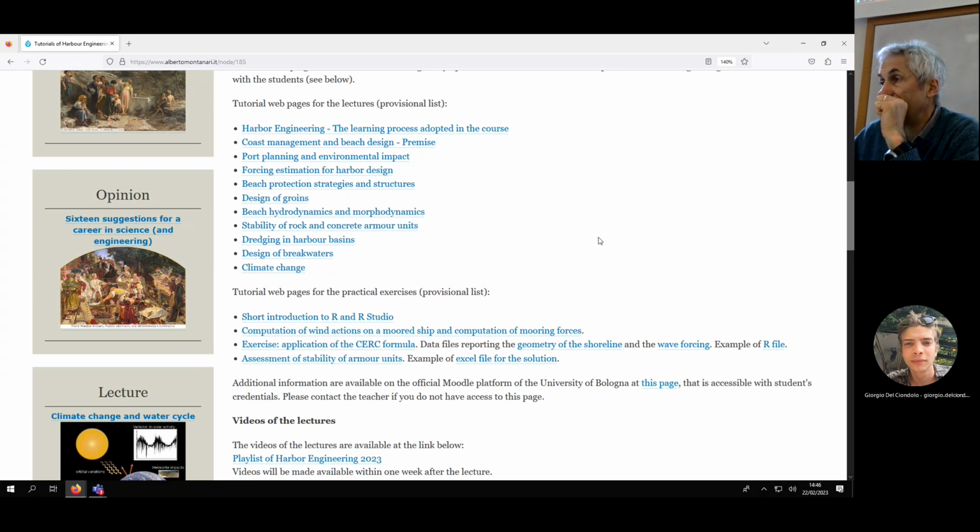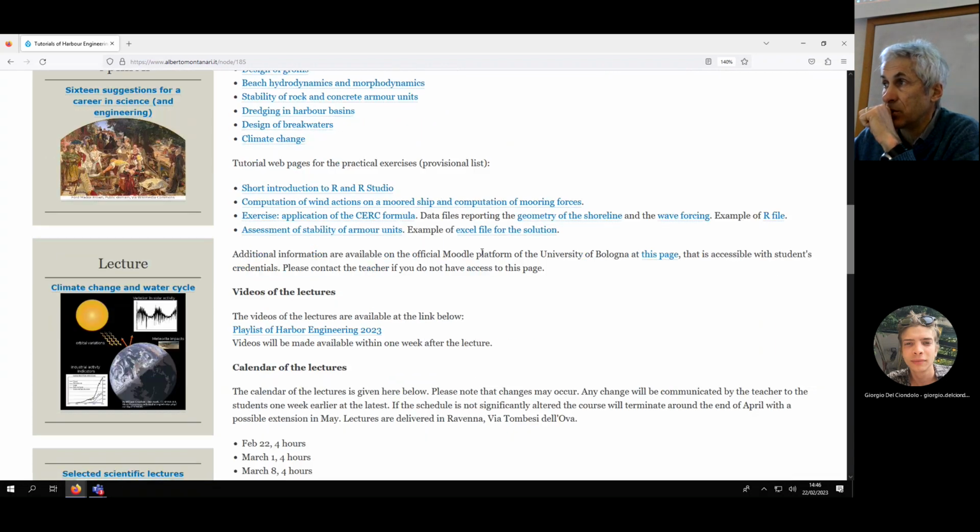Then, in terms of practical exercises, there is also another list of links. And this additional list of links is again provisional. So maybe we use some of them, not all of them.